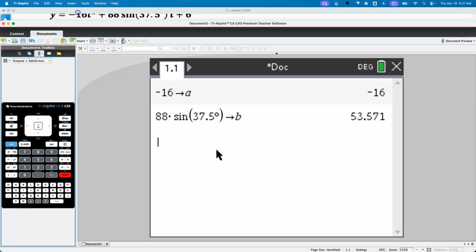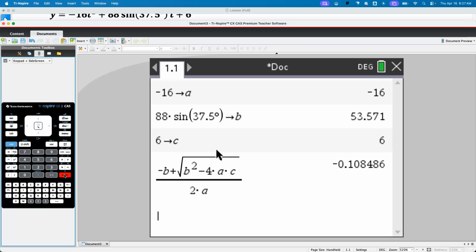And 6 is my c. Gives me that one. I'm going to store that one as S.